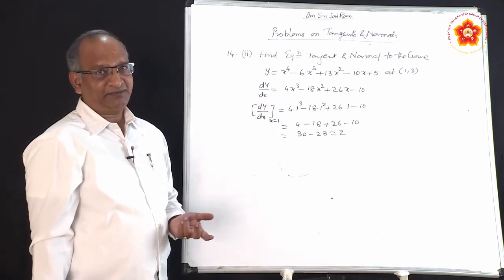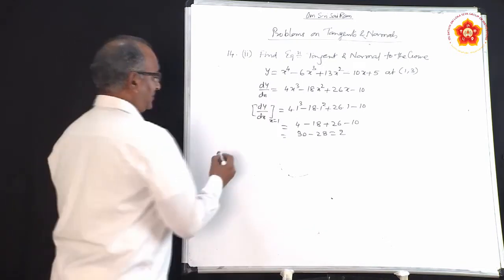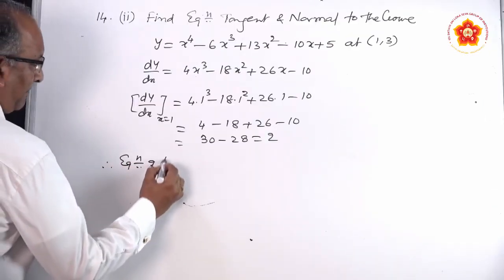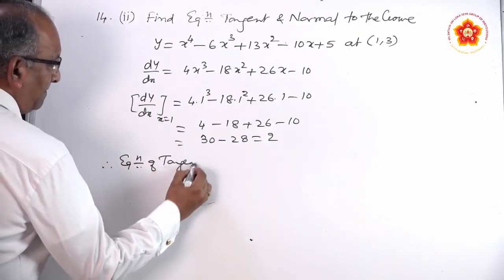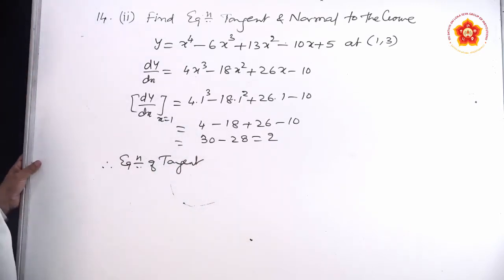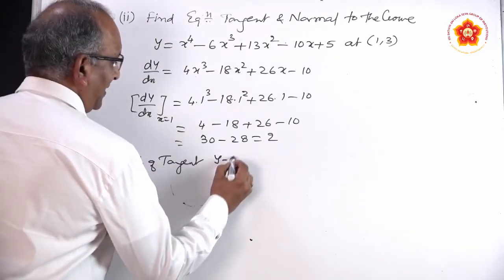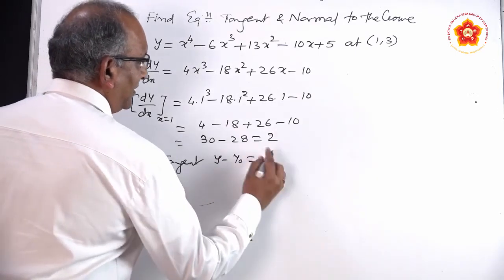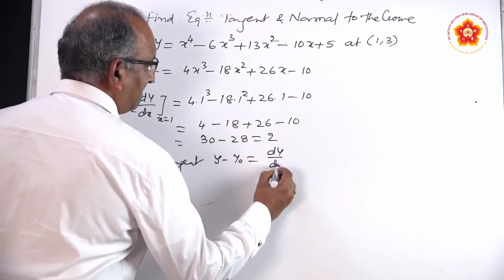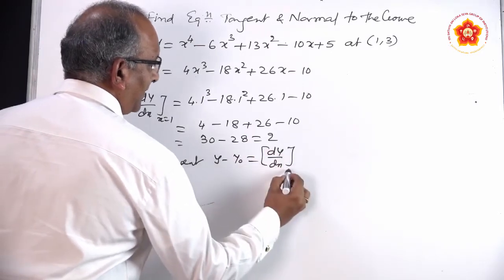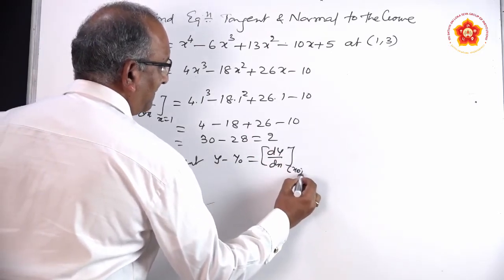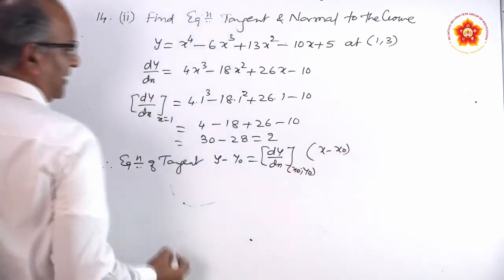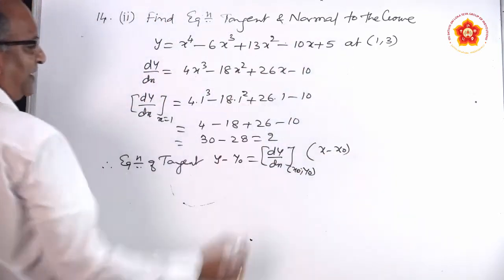Write the equation of tangent. Hence, first write the formula, that is y minus y0 equal to dy by dx at x0 y0 into x minus x0. Substitute. Remember, this x0 y0 is 1, 3 here.